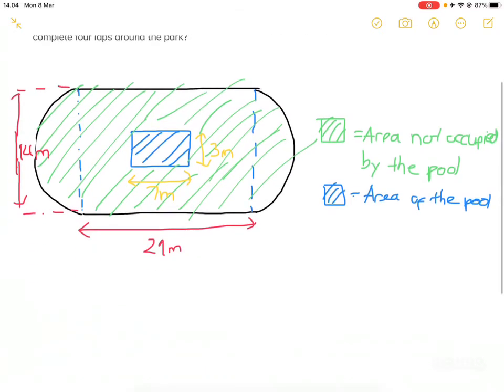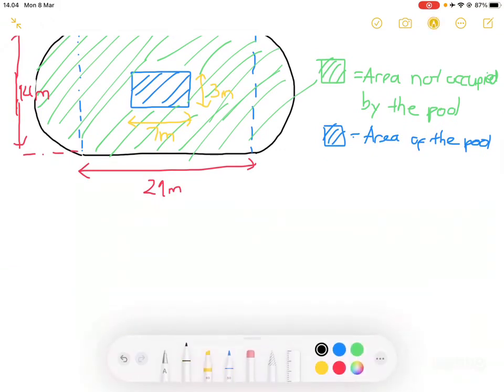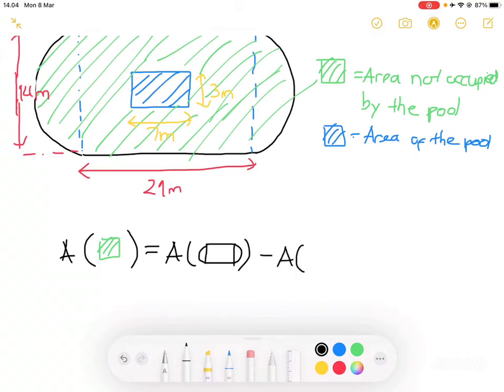Alright, so that's pretty simple. We can just know that the area of the green shaded area, which is the area unoccupied by the pool, is just the area of the whole park minus the area of the pool itself. And the area of the park is made out of a semicircle, a rectangle, and another semicircle.